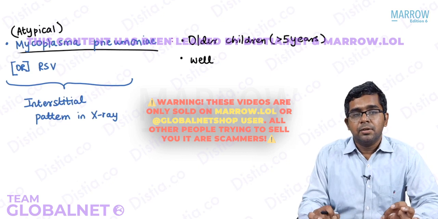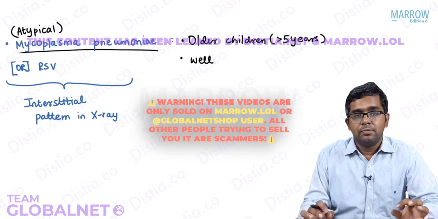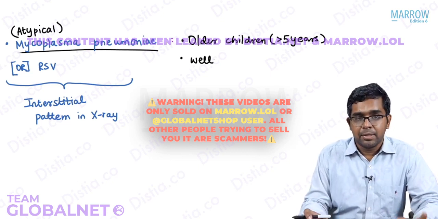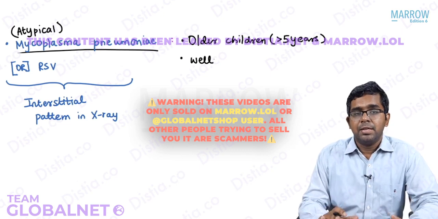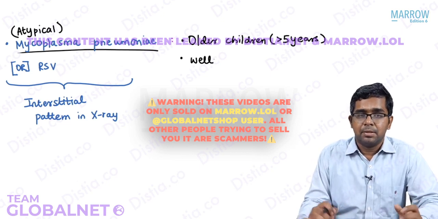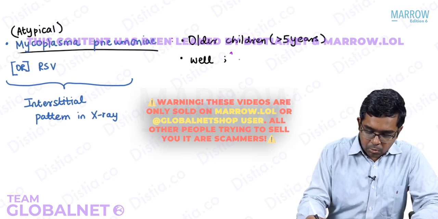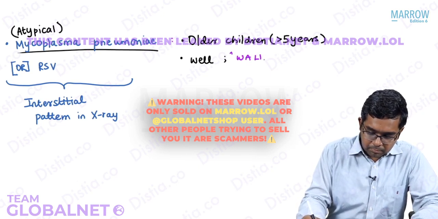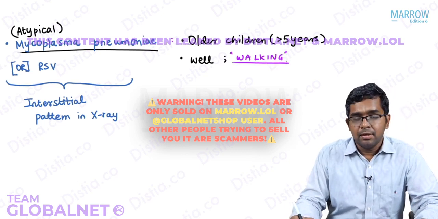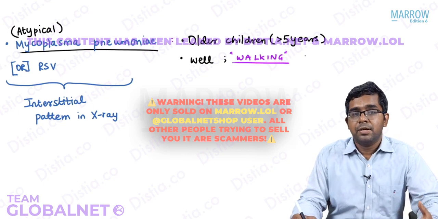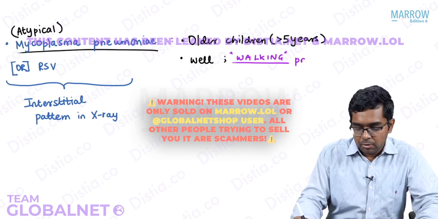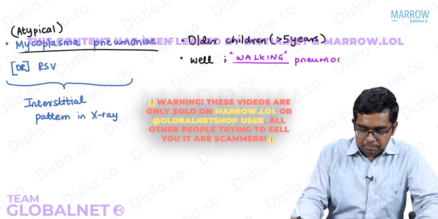In fact, if you take the X-ray, you will see a lot of that interstitial pattern on the X-ray. But when you look at the child and their symptoms, it is very, very minimal. So that is why this type of pneumonia is also called walking pneumonia, to describe that the child is very, very well as well as walking in spite of having pneumonia. That is why it's called walking pneumonia.